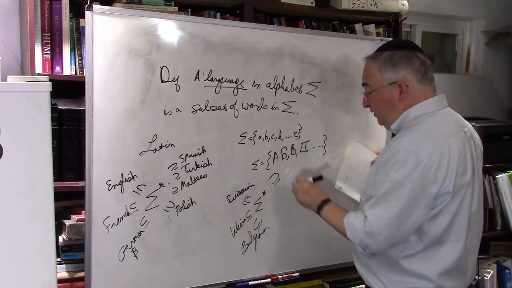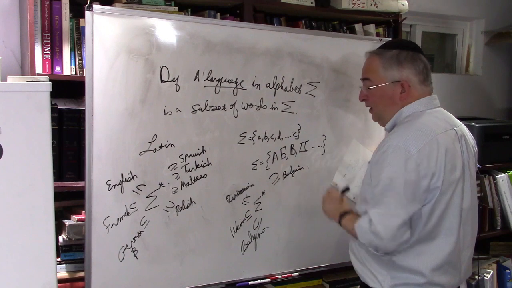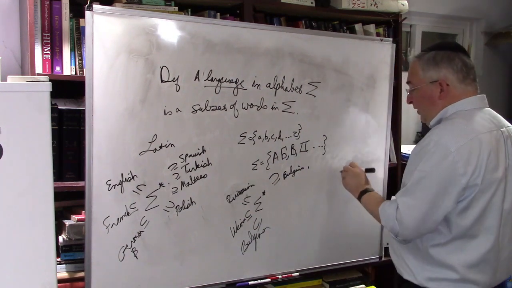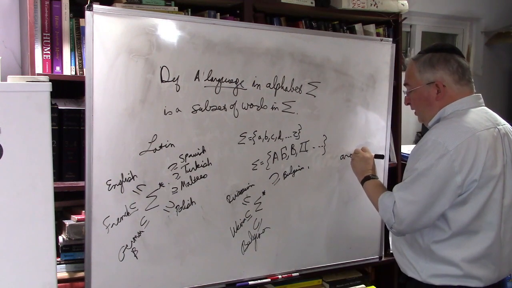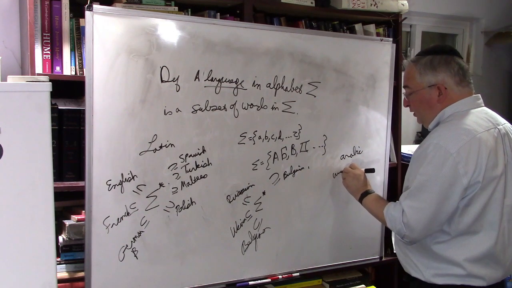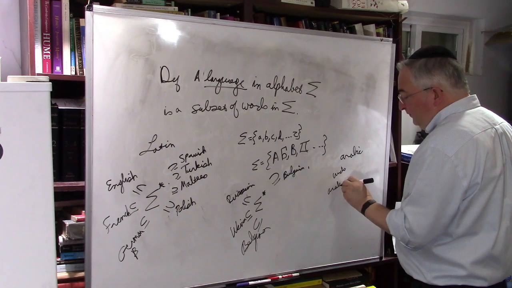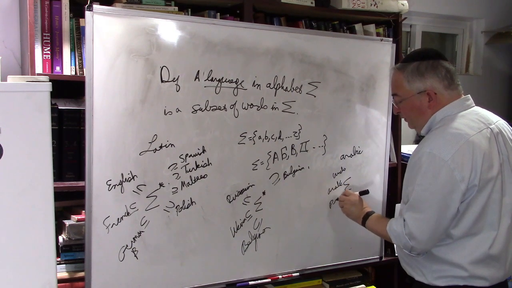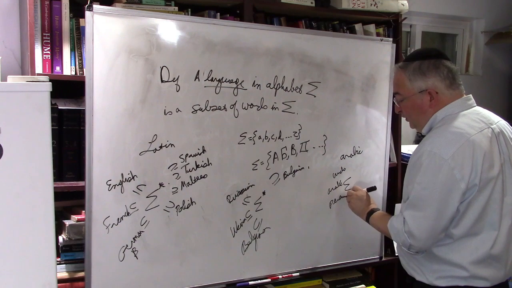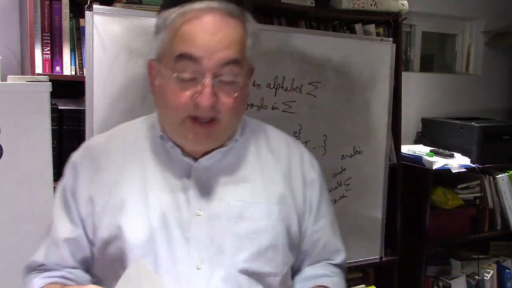Bulgarian. For the Arabic alphabet: Urdu, Arabic obviously, and Persian. Persian is not an Arabic language, but they use the Arabic letters to write.